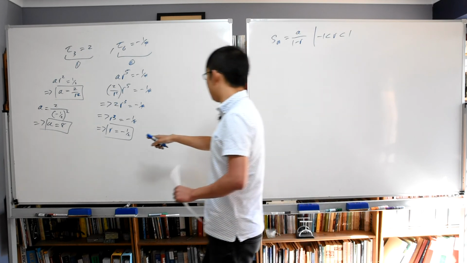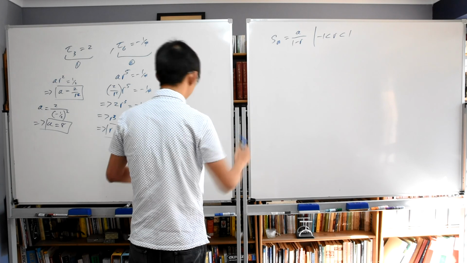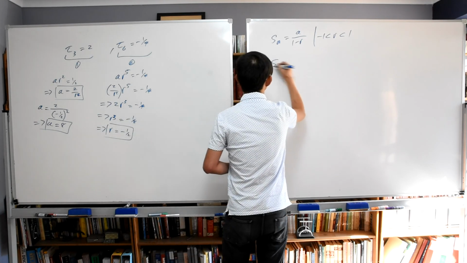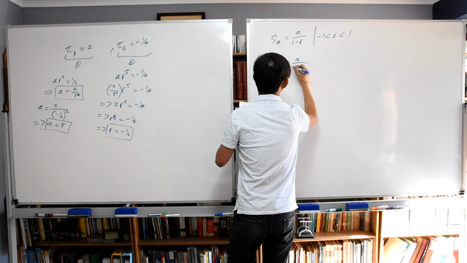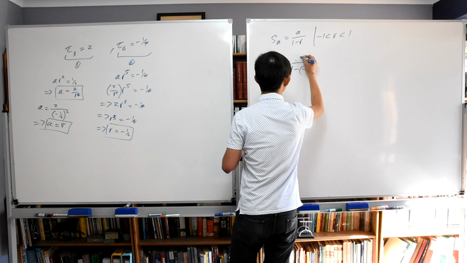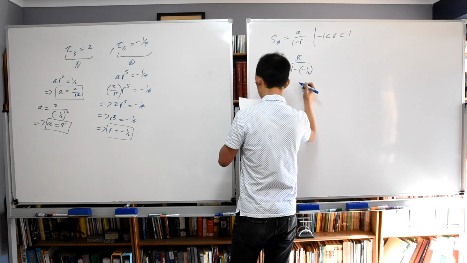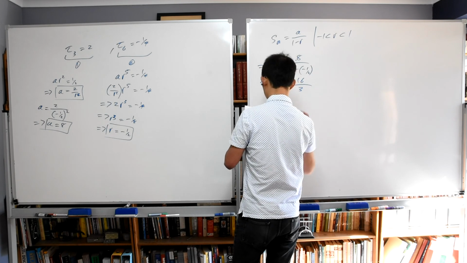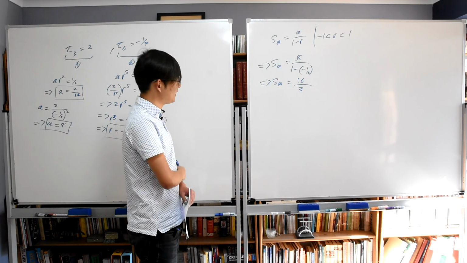But because we got r is equal to minus half, that is going to be between minus 1 and 1. And so the sum of the infinite series is going to be 16 on 3.